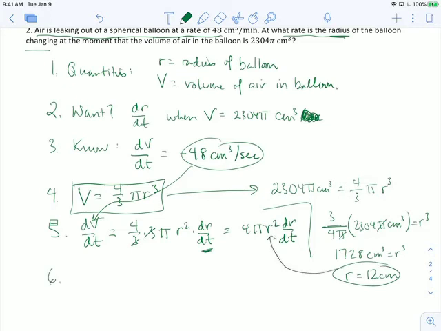So when I substitute my values in, I get negative 48 cubic centimeters per second equals 4 pi times 12 centimeters quantity squared times dr over dt. And so if I multiply 12 centimeters and I square that, I get 144 square centimeters. 4 times 144 is 576.